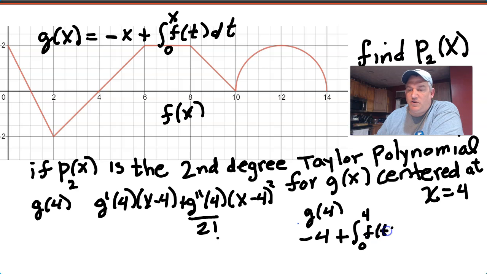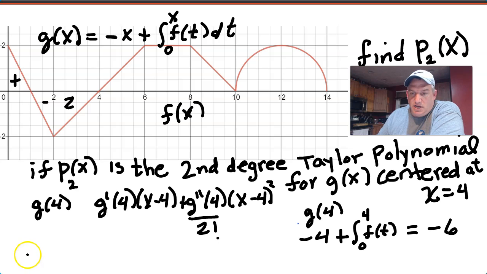Now, the integral from 0 to 4, we can see that this is plus, this is a minus, those cancel, and then we end up with a triangle here of area 2, and it's below the x-axis, that's negative 2. If you recall, we ended up with this whole thing equaling negative 6. So we have g of 4 as being negative 6. So my second degree Taylor polynomial starts off negative 6.